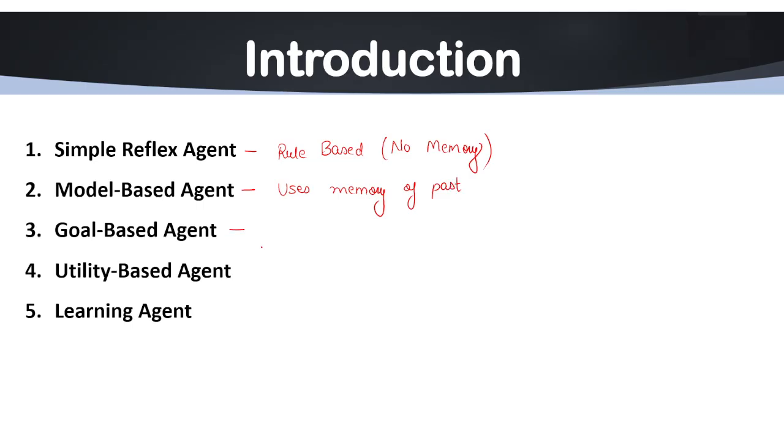Another is goal based agent. Its keyword is it works toward achieving goals. As its name implies, goal based agent, it always focuses on achieving its goals. Fourth point is utility based agents. Under utility based agents, it always finds the best and most useful solution.